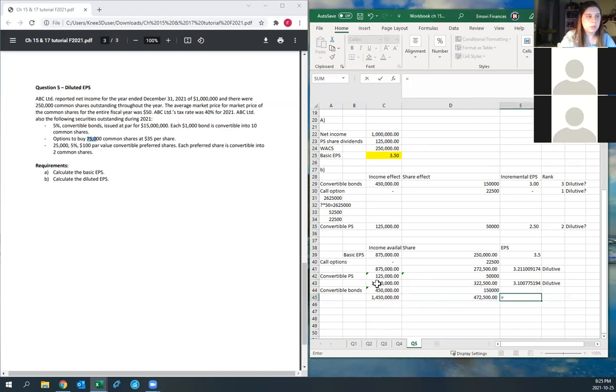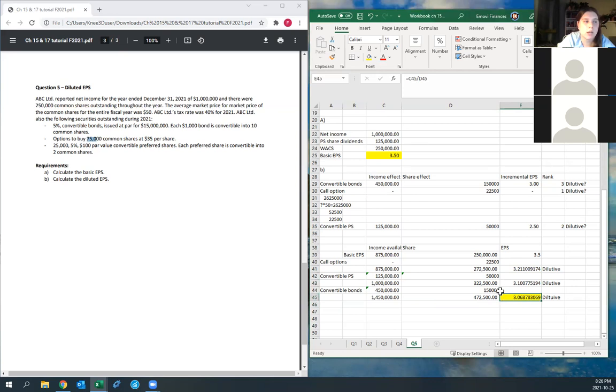And then you calculate your final dilutive EPS. So that's still lower than the one that we found previously. So it is still dilutive. So our dilutive EPS would have been $3.07 per share.